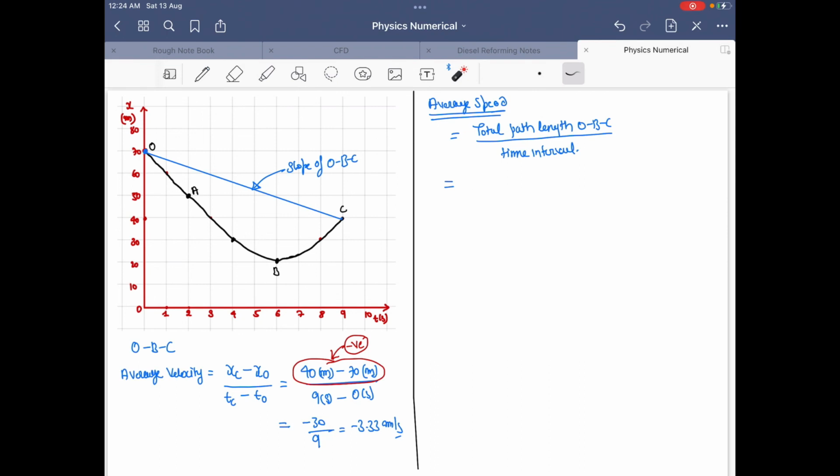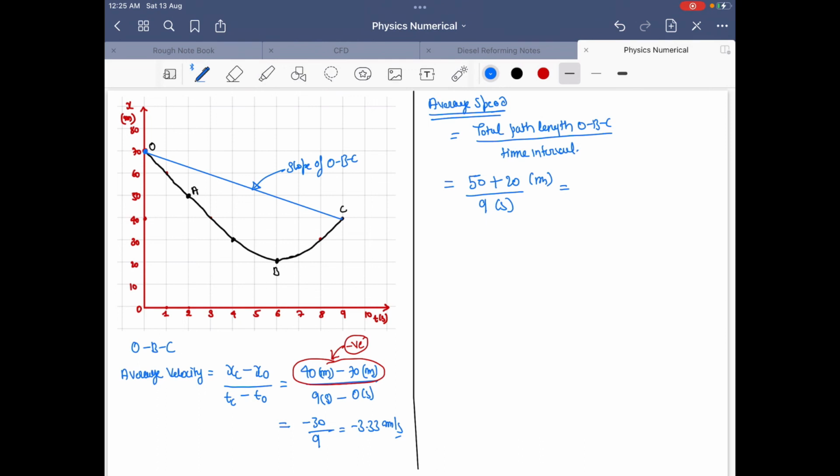So what is the total distance? That is 50 plus, and from B to C the object has covered 20 meters. And the total time is 9 seconds.